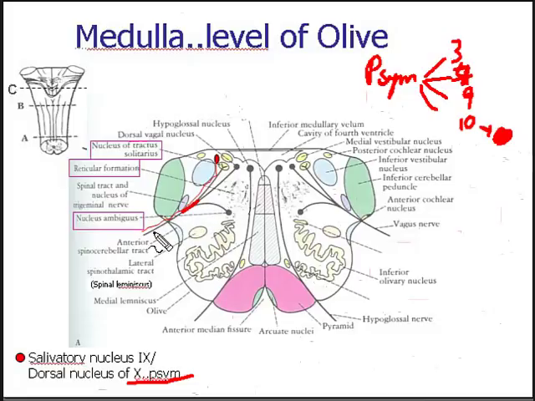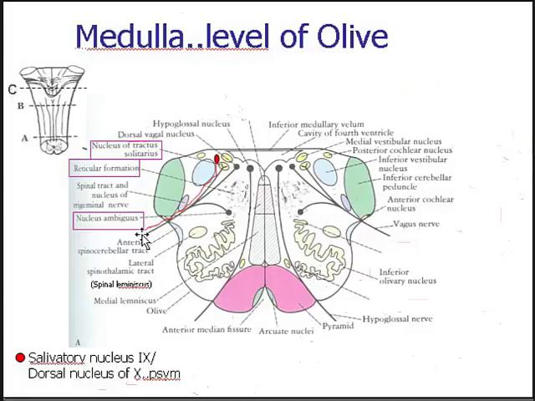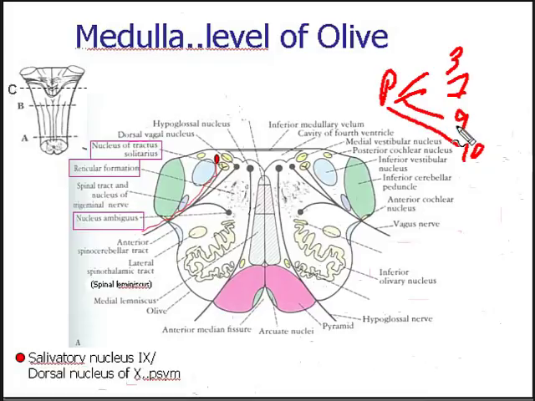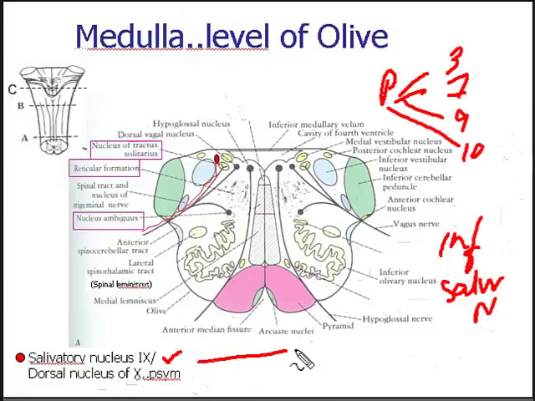At this level, you also see, I said the parasympathetic goes with the 3rd, 7th, 9th, and 10th. With the 9th, you also see what is called the inferior salivatory nucleus. This is the inferior salivatory nucleus for supply of the parotid gland. So the parasympathetic, the part that goes with the vagus, has this dorsal nucleus of the vagus.